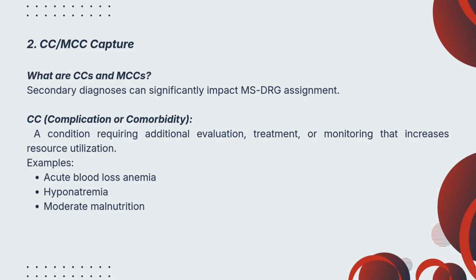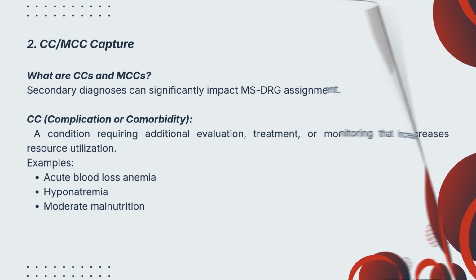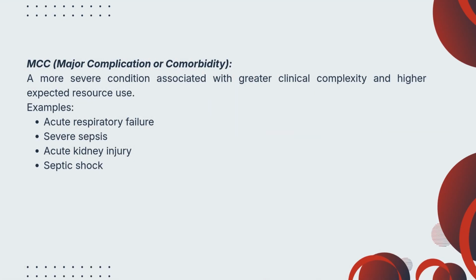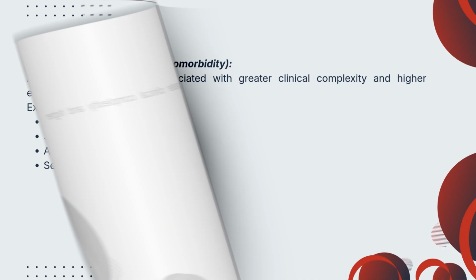Examples: acute blood loss anemia, hyponatremia, moderate malnutrition. MCC, major complication or comorbidity: a more severe condition associated with greater clinical complexity and higher expected resource use. Examples: acute respiratory failure, severe sepsis, acute kidney injury, septic shock.